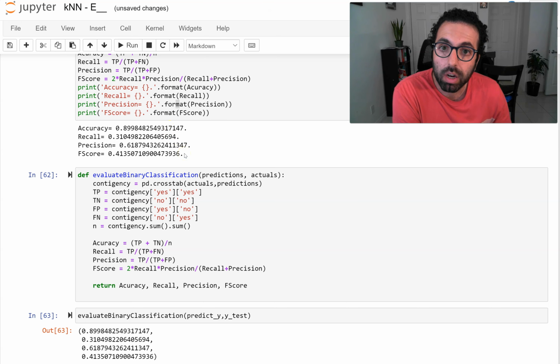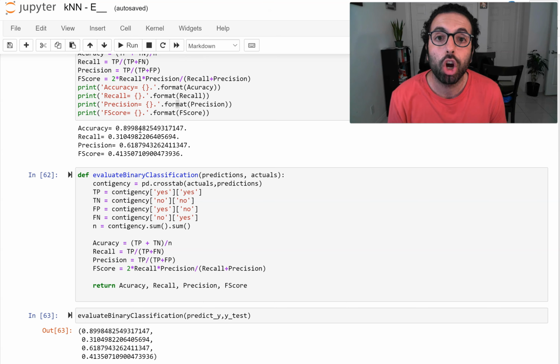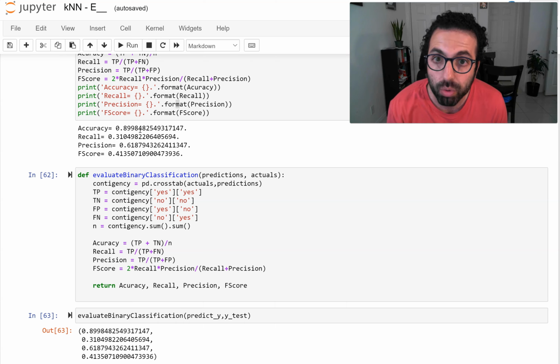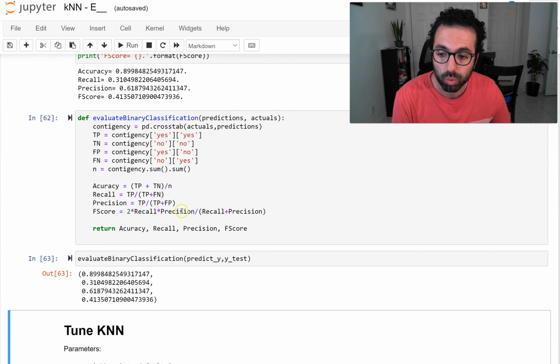A lot of times the metric that is used for tuning is accuracy. But in this case, what is important for us is the recall, because we don't want to make as many false negatives. False negatives are costlier for us in these cases. So we are going to focus on tuning recall.